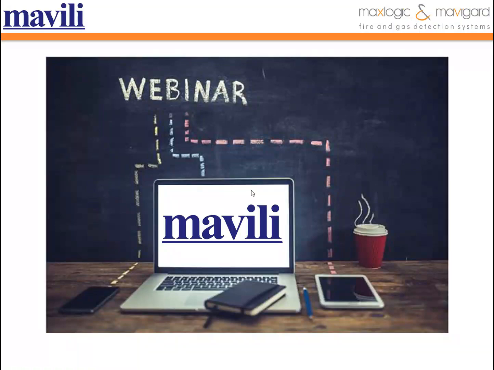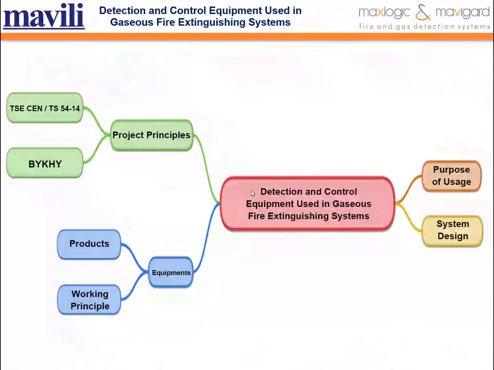I am Serhat and today's webinar topic is detection and control equipment used in gaseous fire extinguishing systems. These are the subtopics of this webinar today, which are project principles, EN54 standards, detection and control equipment used in gaseous fire extinguishing systems, purpose of usage, system design, products, working principle, and equipments.